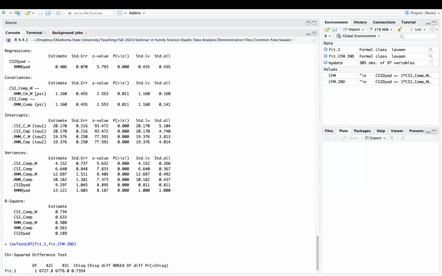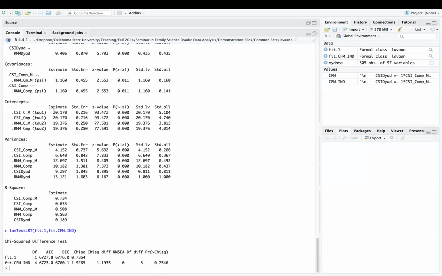And you can see here, we have psi and psi. This is a good way to check to see if your syntax is correct. And your unstandardized output are the same. Your standardized are always going to be a little bit different. When you are constraining things, it's always in the unstandardized estimates.